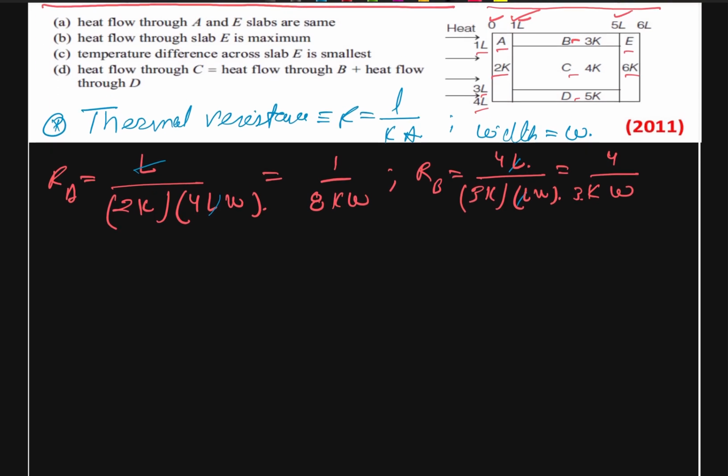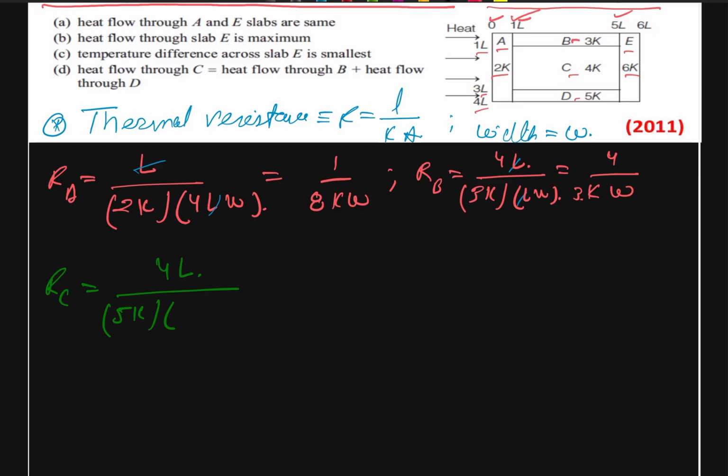Now we can say our C block, R of C, will be equal to 4L, same as B except the width, so that will be 5K multiplied by 2L.